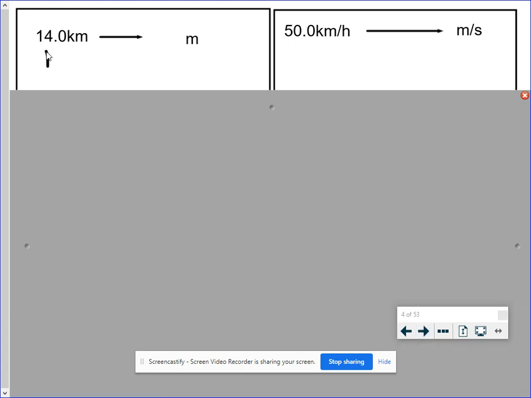So if we take 14 kilometers and multiply by the ratio with the kilometers on the bottom, what's going to happen in physics is the kilometer times a meter divided by a kilometer cancels the kilometer out. So 14 times 1,000 is 14,000. That's a huge number.